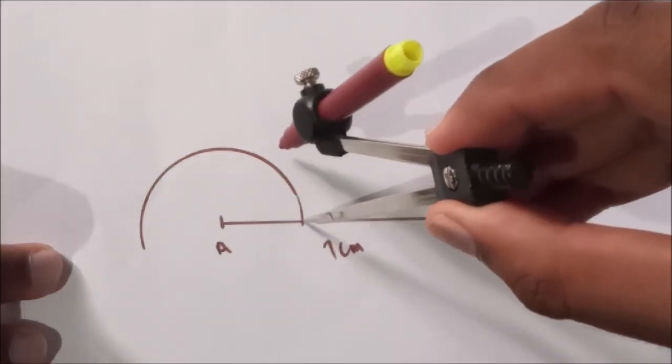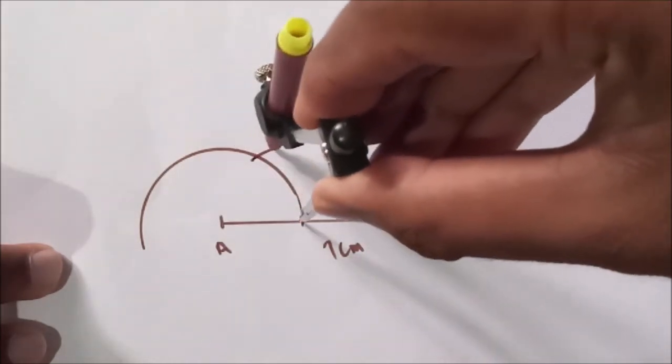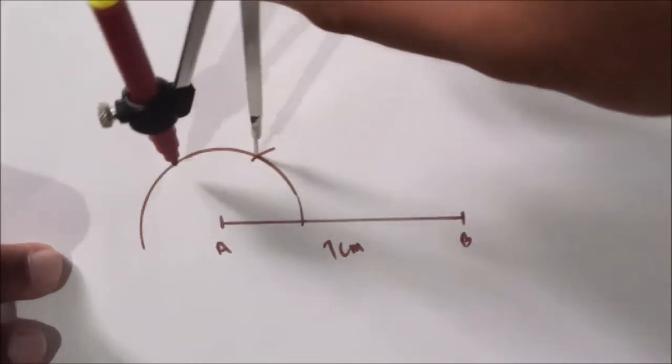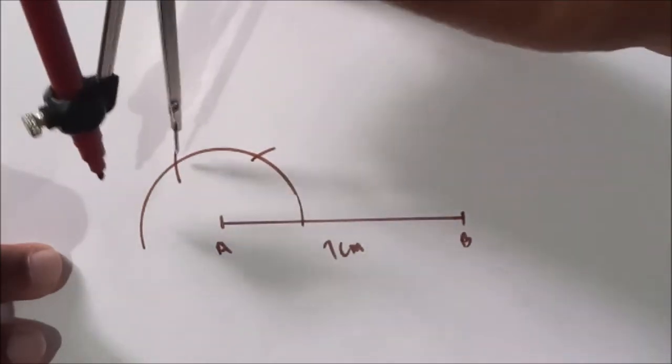Now AB from E. One over here, the second and a third.